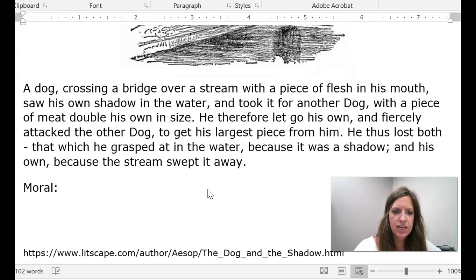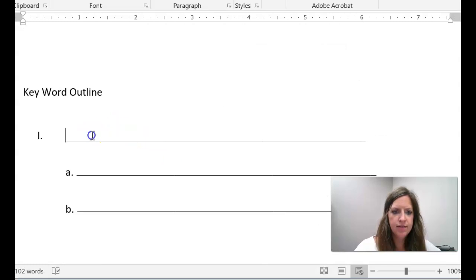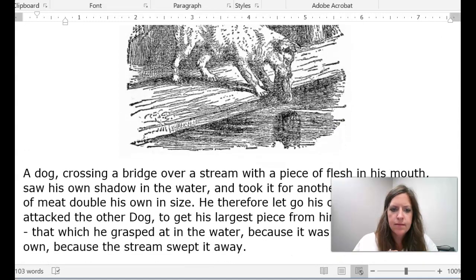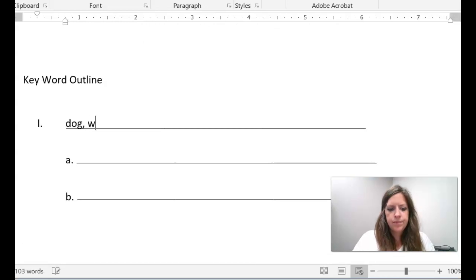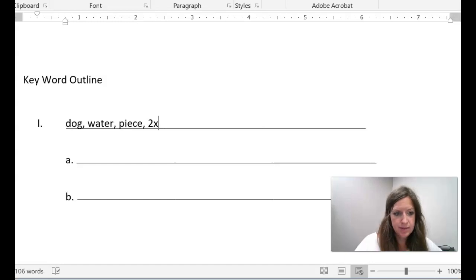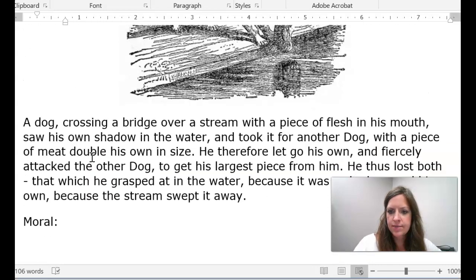Okay, so if I had to pick 3 key words from there, I would have dog, maybe water, piece, and then instead of double, I'm going to say 2 times, right? So that will count as my symbol for double.